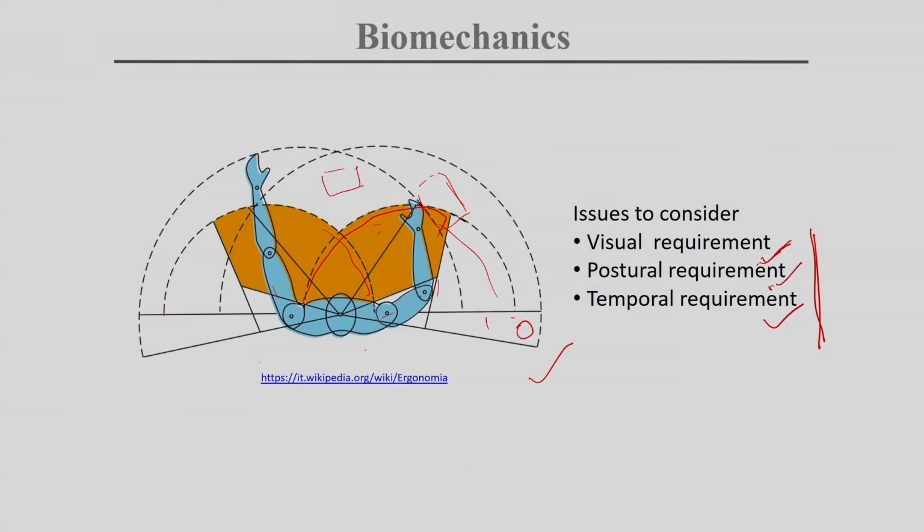So when you are designing furniture where the person will use these products very frequently, maybe each and every time, you put them in this primary zone, where the person can very easily access the primary area by folding from the elbow.